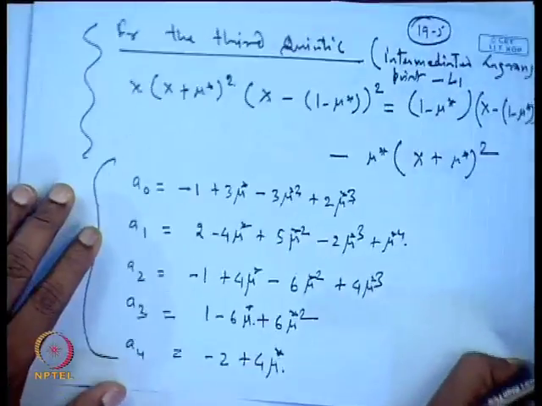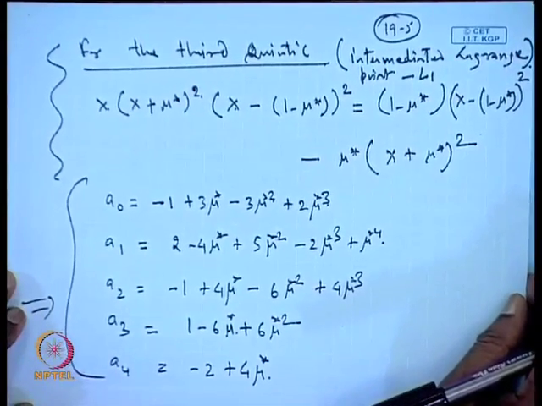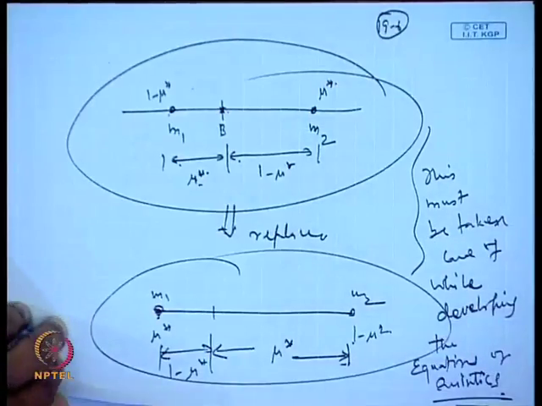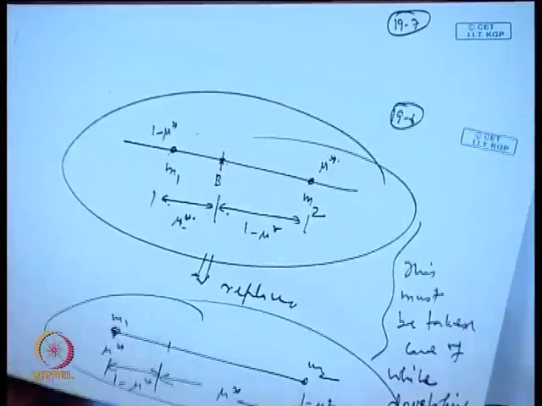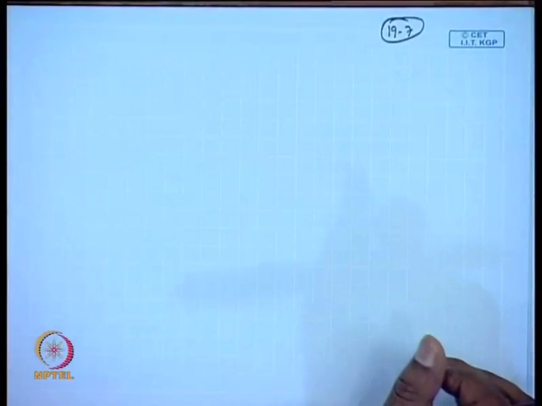A mistake in this will totally give you wrong values of the Lagrangian points. So, once we have done this, now these quintics can be solved only by some numerical procedure. We avoid that, because this is the last lecture on the restricted 3 body problem, and the scope of this course is limited in this respect.